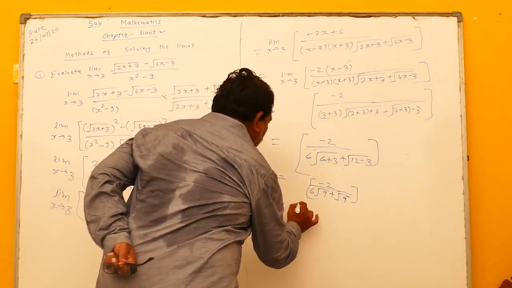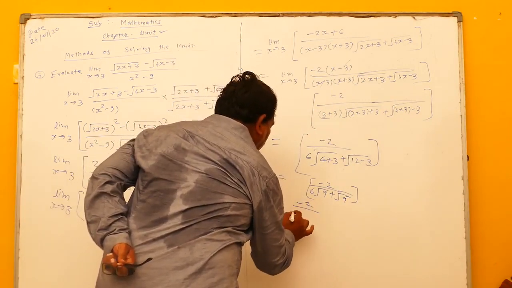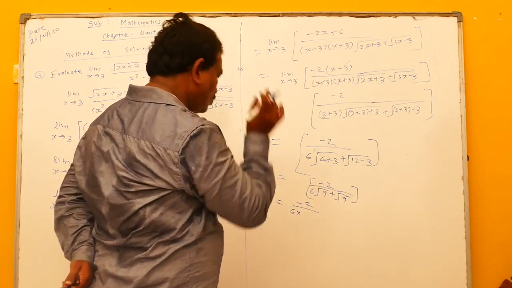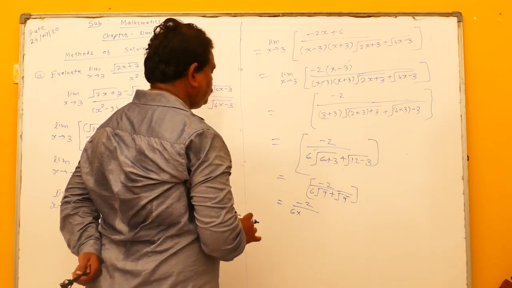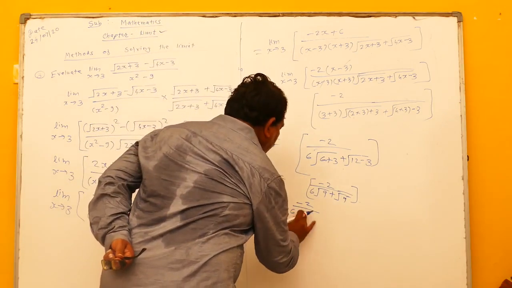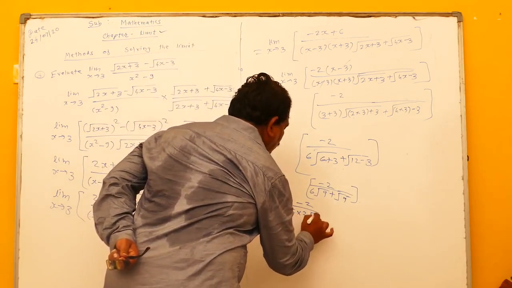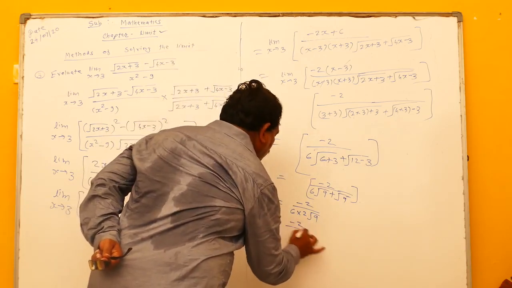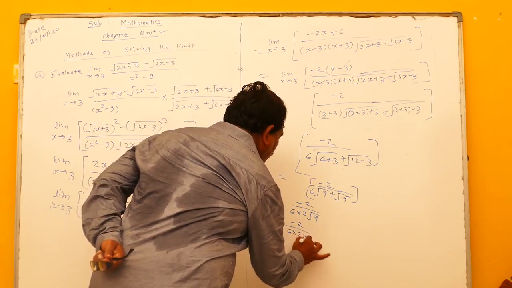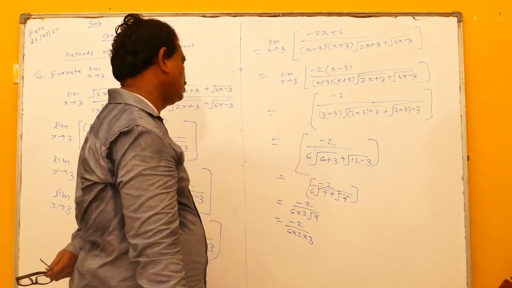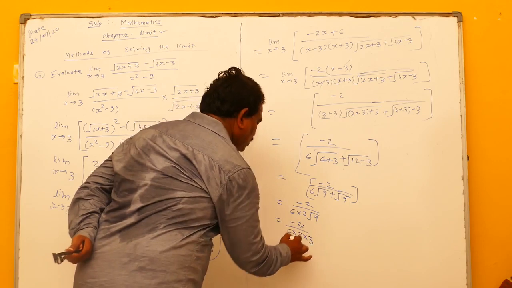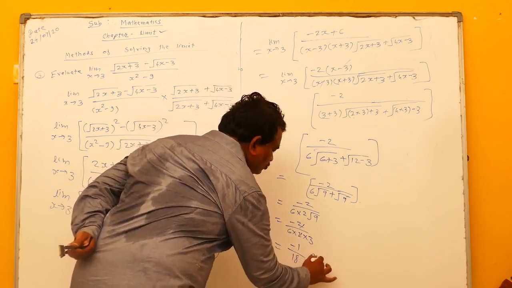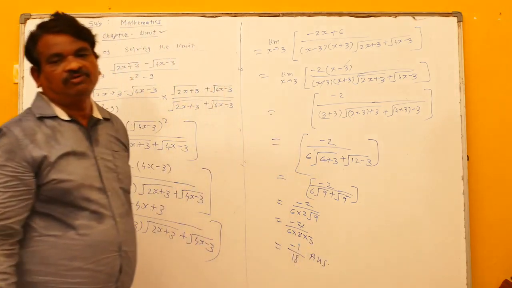Therefore minus 2 divided by 6 into under root 9 plus under root 9, that is 2 times under root 9. So minus 2 divided by 6 multiplied by 2 into under root 9, which is 3. 2 cancels, that is equal to minus 1 by 18, that is the answer. So we stop here.